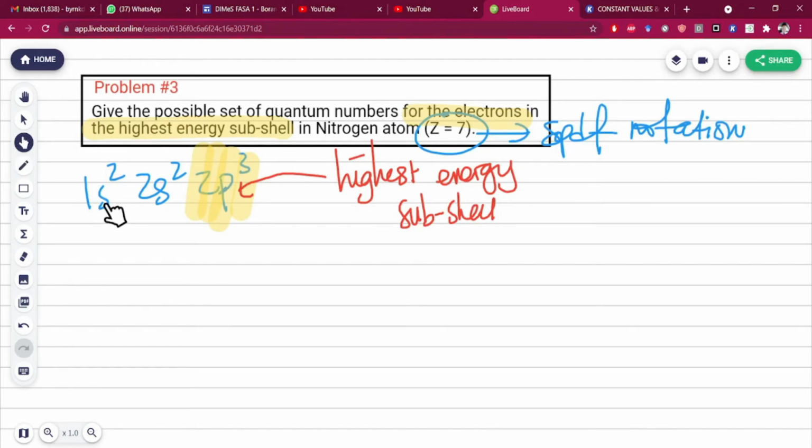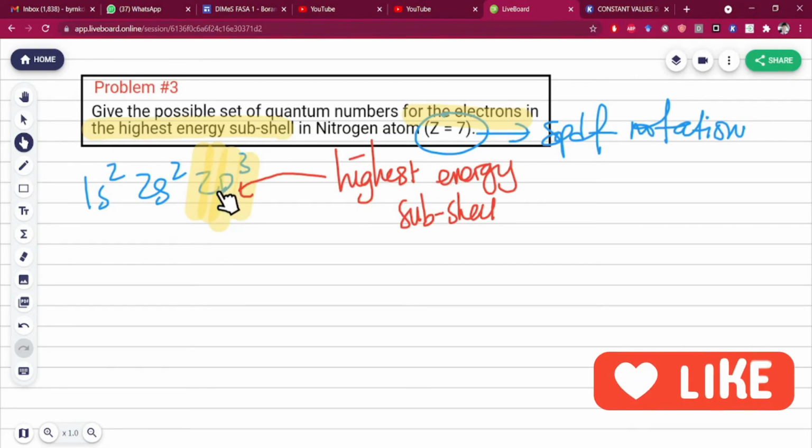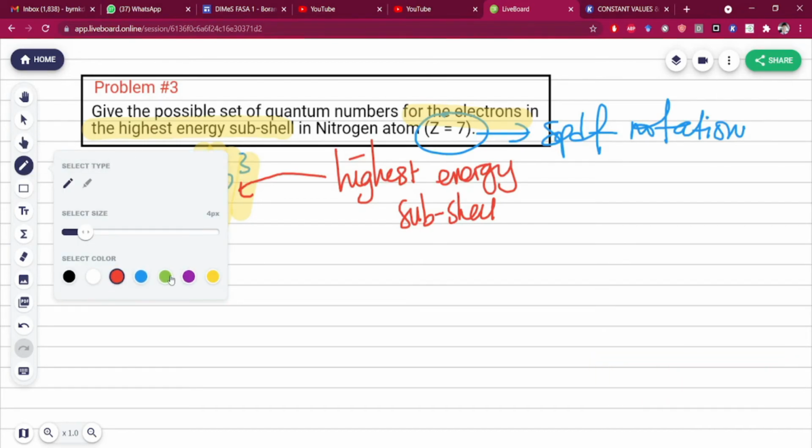This one is the lowest energy subshell, and that one is the intermediate subshell. This is the 1s subshell, 2s subshell, 2p subshell. You need to remember that. So in here you have 3 electrons, so you can give 3 possible sets of quantum numbers because you only need to have 3.